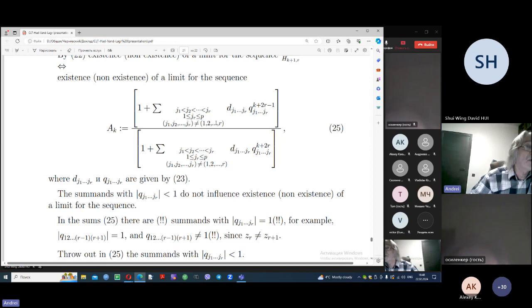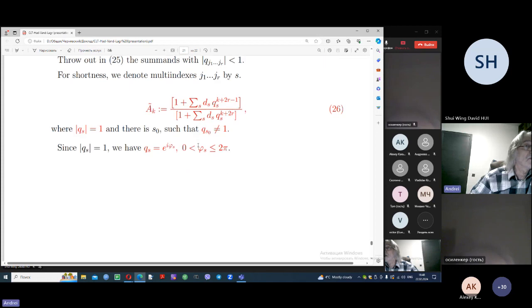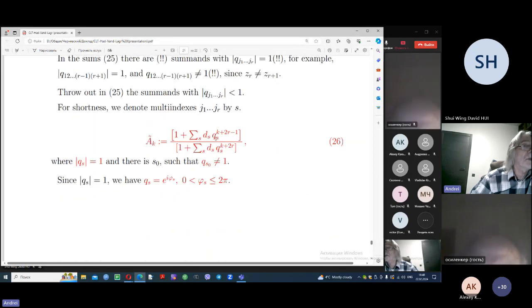So we simply throw out all those that do not influence the convergence. Therefore, we can consider instead of this sequence the corresponding sequence where all the multipliers Q_s are equal in modulus to 1, and there is at least one multiplier where this Q_s is not 1.